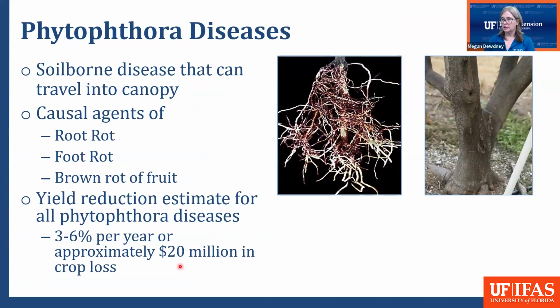We have yield reduction estimates for all of the Phytophthora diseases that were 3 to 6% per year prior to HLB, or $20 million of crop loss. Now it's a little bit harder to distinguish between what's being declined from HLB and anything else versus Phytophthora. So that's a little bit harder to estimate, but that's still a very significant chunk, I would say.